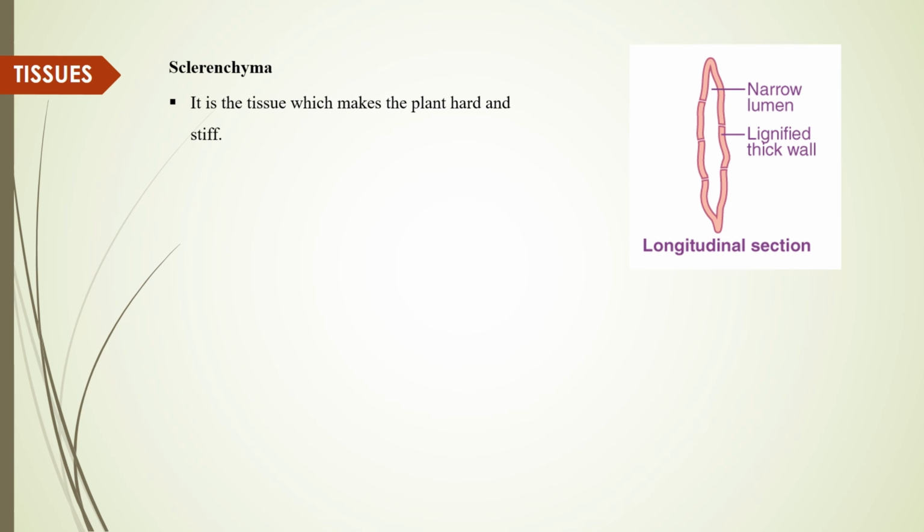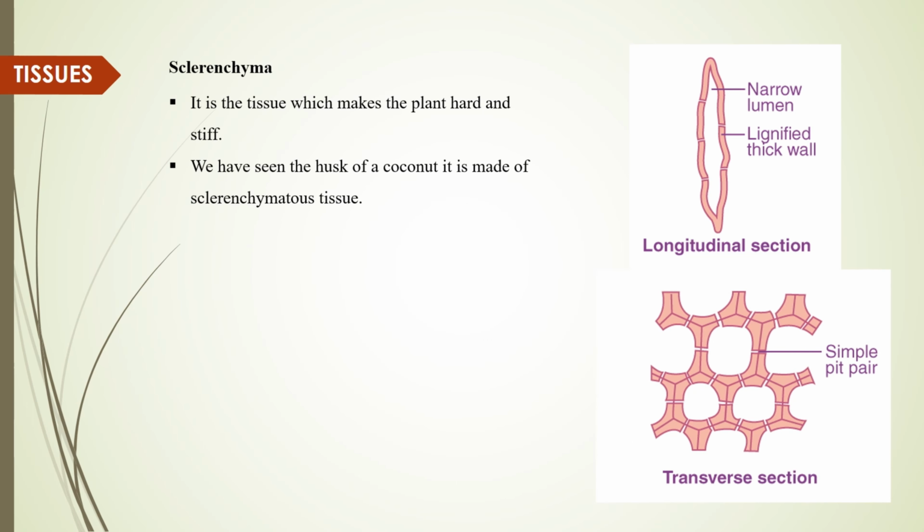Sclerenchyma. It is the tissue which makes the plant hard and stiff. We have seen the husk of a coconut. It is made up of sclerenchymatous tissue. These are dead tissues. They are long and narrow as the walls are thickened due to lignin.